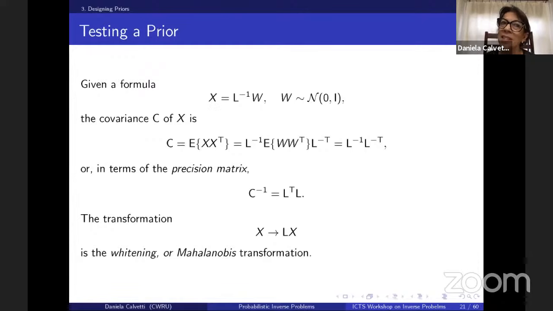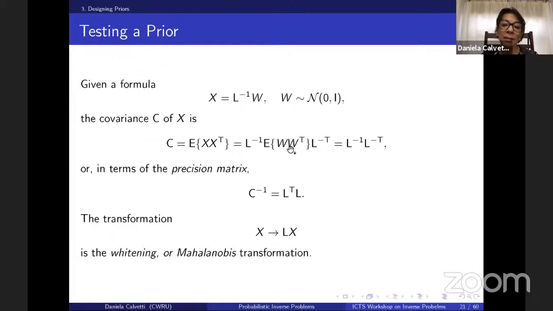The reason why it's nice to know how to go to white noise is that we have nice software to simulate it. This transformation sends X to LX, and Lx is going to be equal to W. That's why it is called the whitening transformation, also the Mahalanobis transformation.